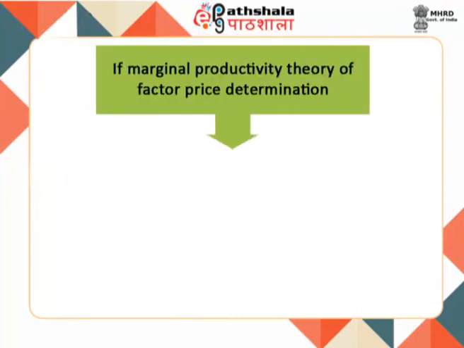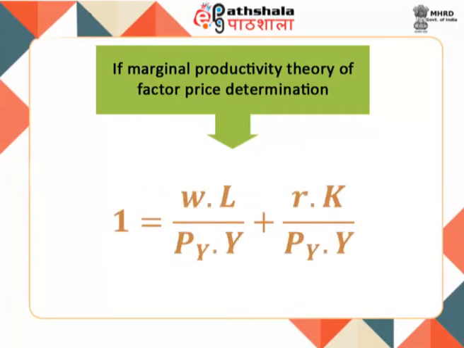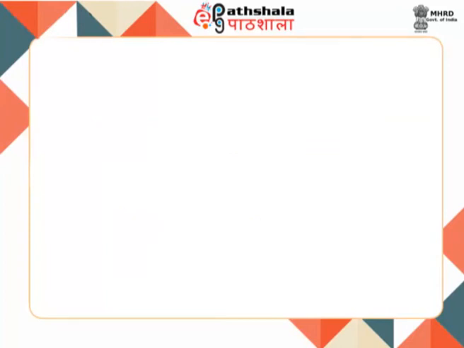Hence, if the marginal productivity theory of factor price determination holds, the product exhaustion relation stated in equation 1, that is cost of labor by value of output plus cost of capital by value of output, can be obtained from Euler's relation. Let us now formally see the proof of Euler's theorem.